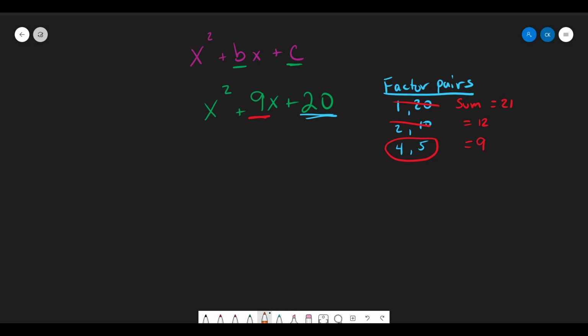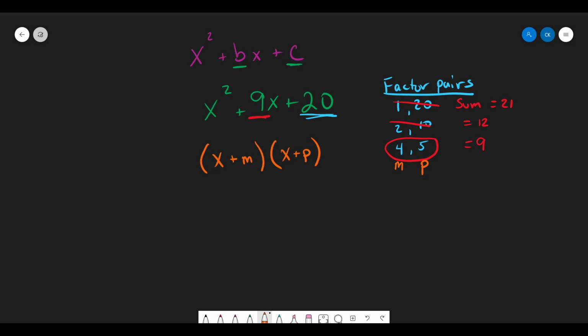Once I find that factor pair, I can write my answer as x plus, we'll call this first factor that we found m, and the second factor p, just so that we can see where they go. So it's going to be in the form x plus m times x plus p.